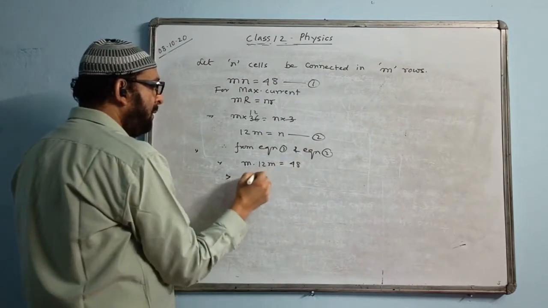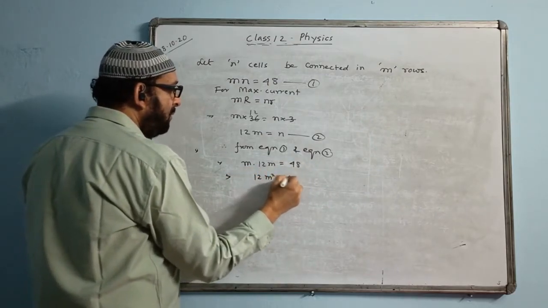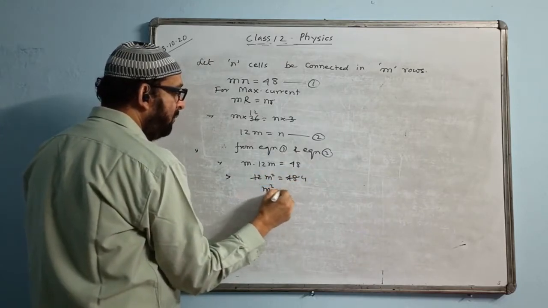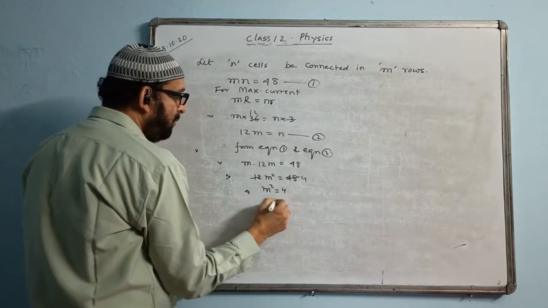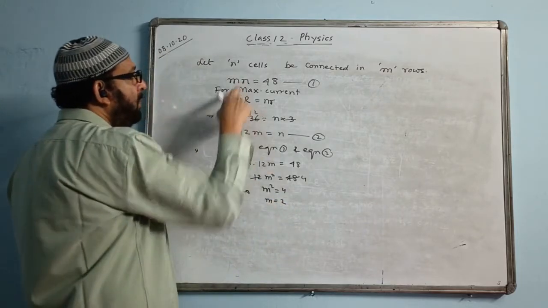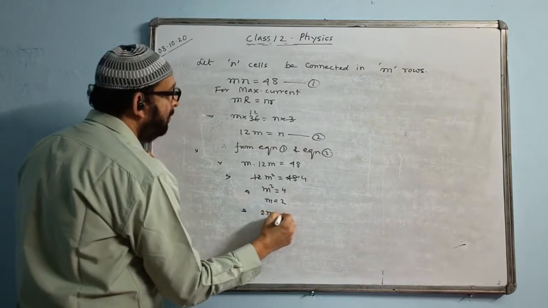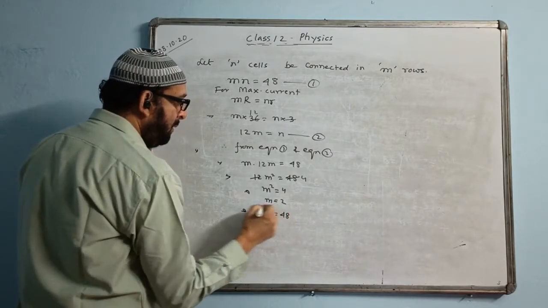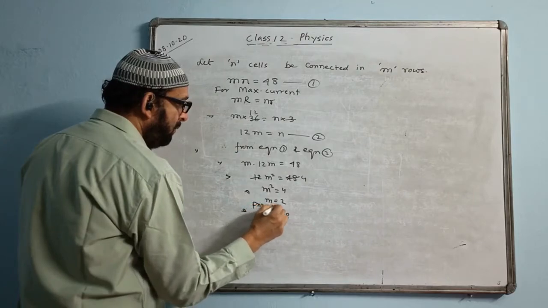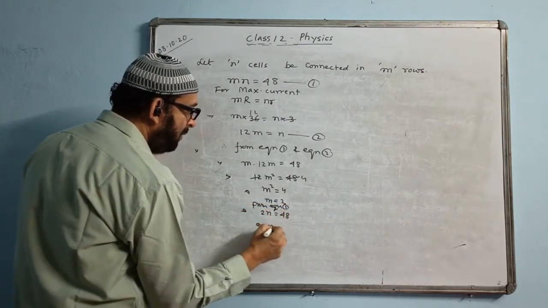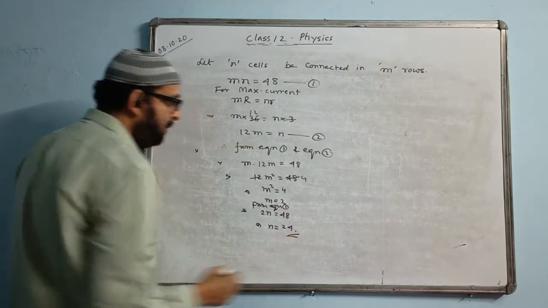This becomes 12m square is equal to 48. 12 into 4 will go, so m square is 4 and m is 2. Put the value of m here to get n: 2 into n is equal to 48 from equation 1. Therefore n is 24.